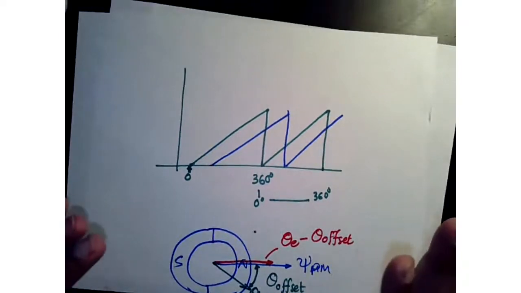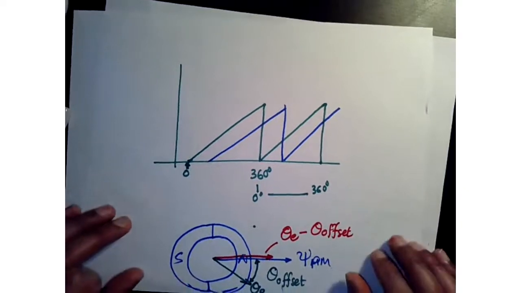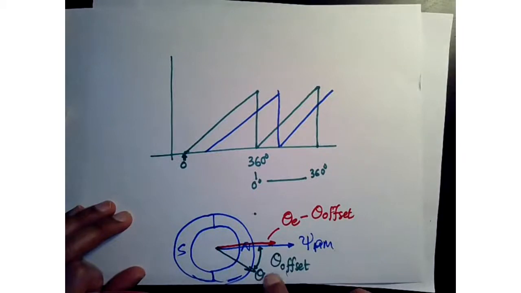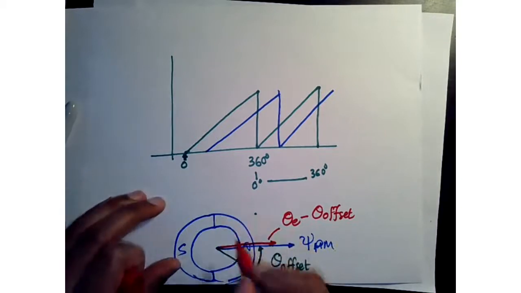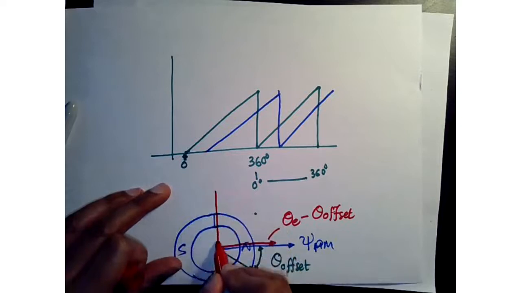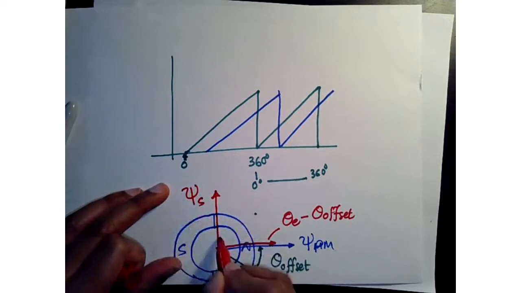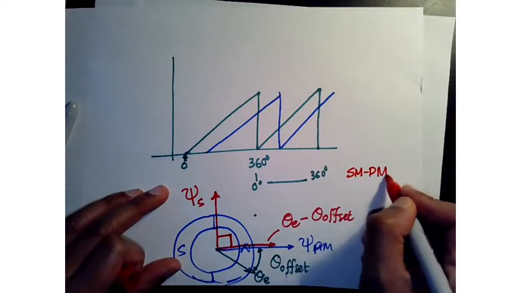So that's something you have to be very careful of with this offset for field-oriented control. Do you guys have a clear idea of what we are trying to do? We have a position sensor that will help us place our stator flux vector, so we know where our true permanent magnet flux is. Therefore, now we can place our stator flux vector 90 degrees out of phase for a surface mount PMSM.